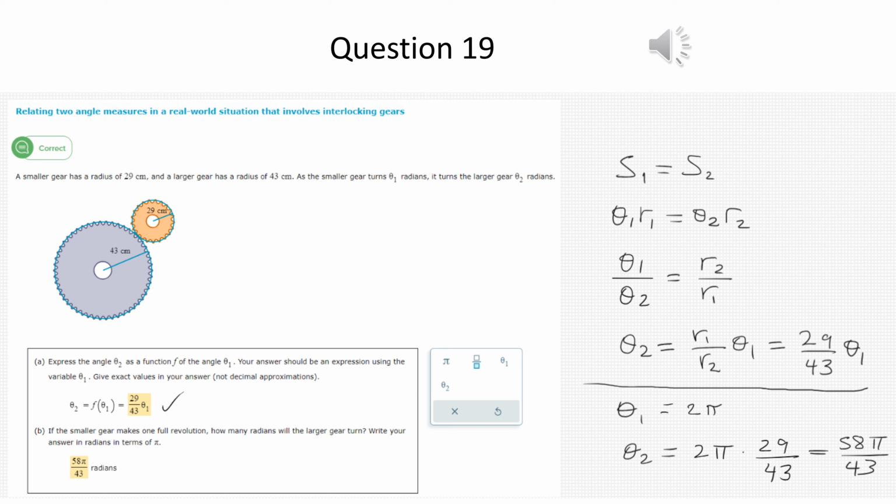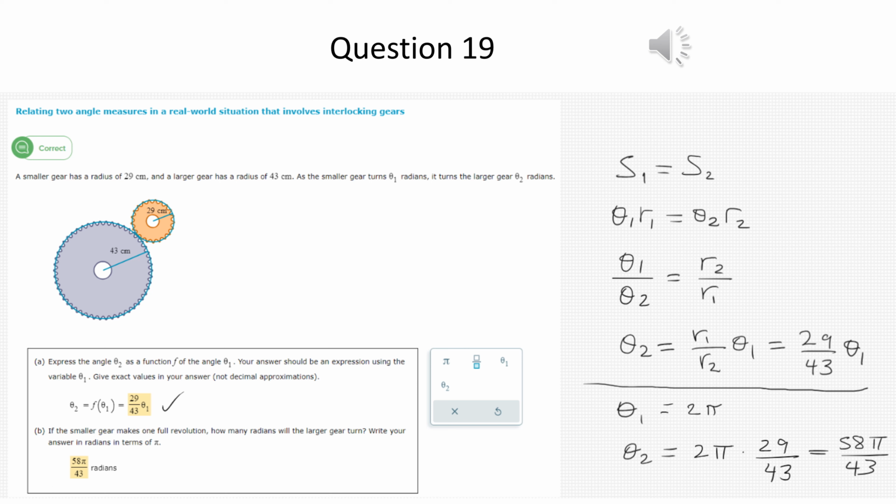Using the formula and two conditions, theta 1 R1 is equal to theta 2 R2, and we discover the connection between theta 2 and theta 1. The ratio of the radii is 29 divided by 43. This is my first equation: theta 2 is equal to 29 over 43 multiplied by theta 1.